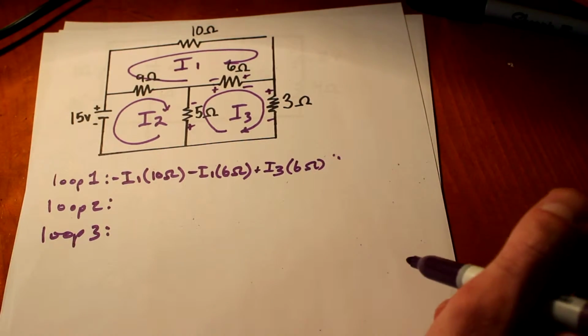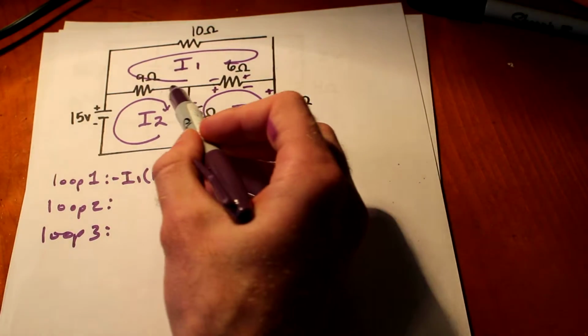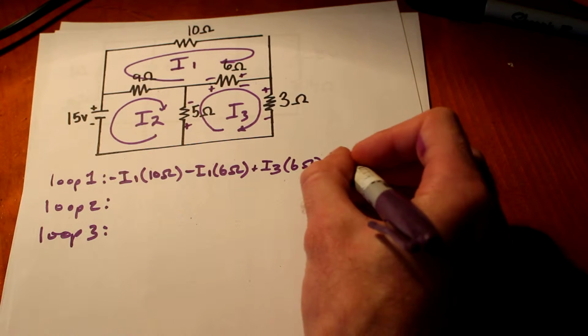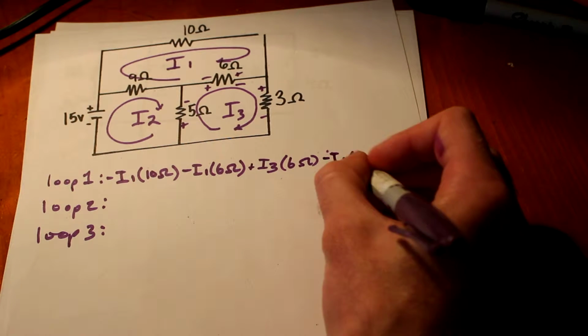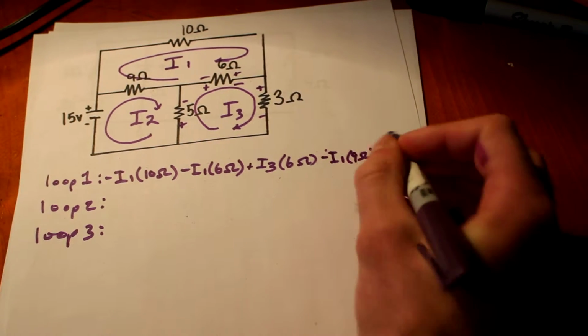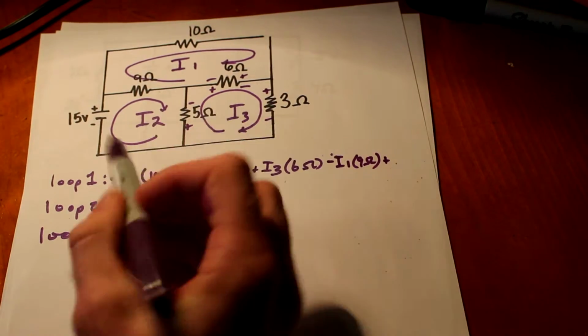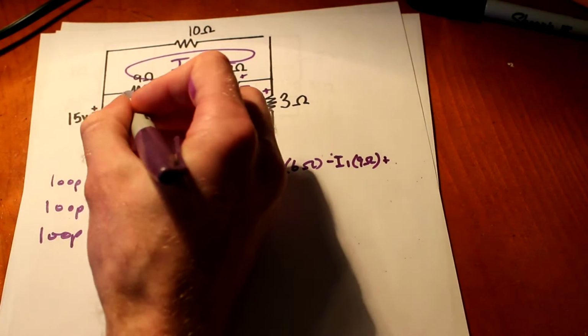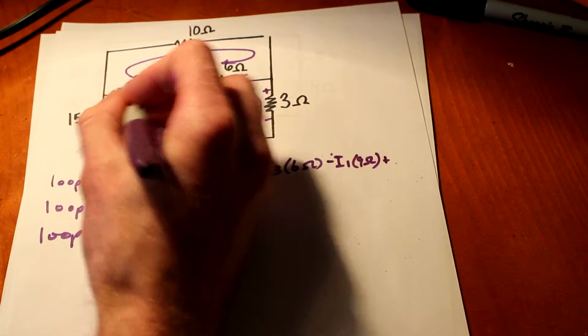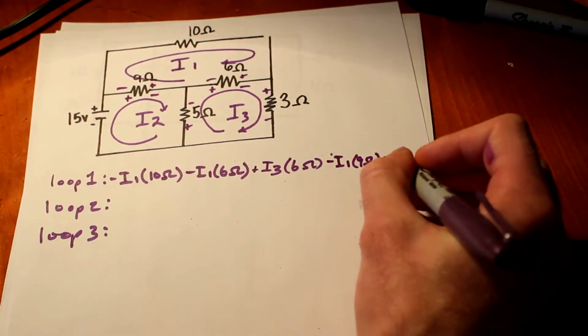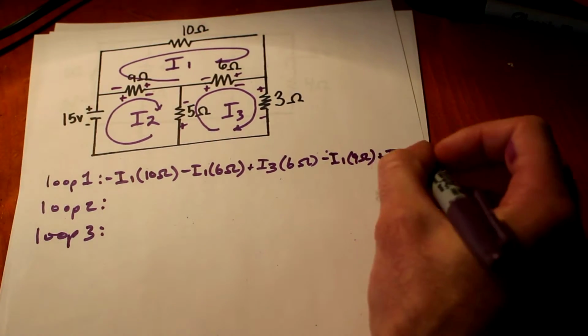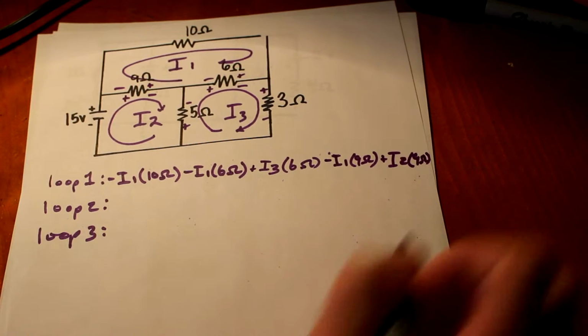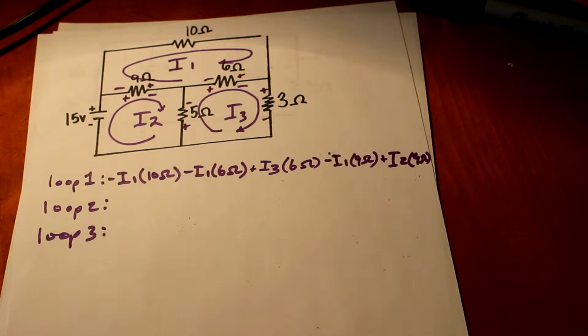So that's what we have here. Now we're going to continue through the circuit. We have minus I1 times 9 ohms, and then same thing as over here, we're going to have plus I2 times 9 ohms, okay? And that's all we have for that line.